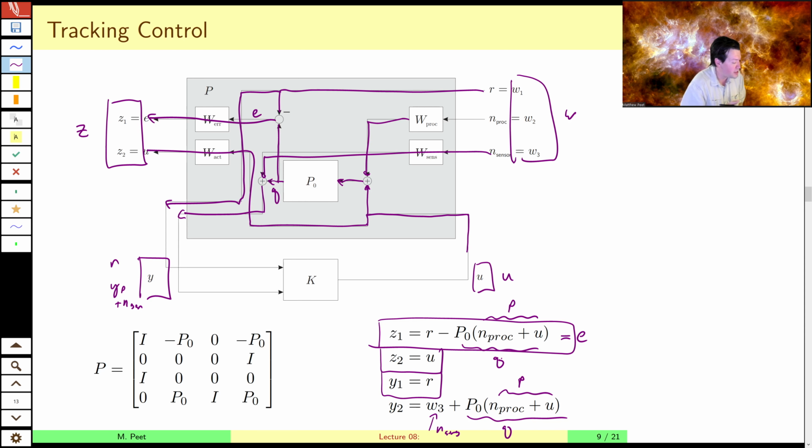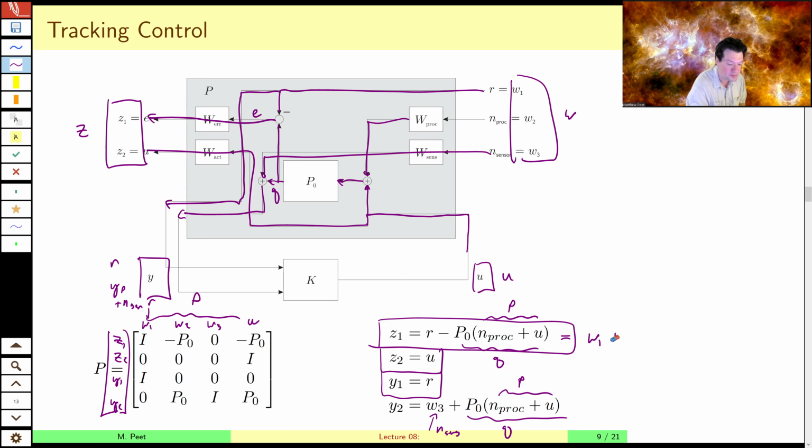So, right, we can now write down our equations for our aggregate overall plant in the feedback interconnection. The first of which, so signals Z1, Z2, Y1, Y2, and then acting on W1, W2, W3, and U. So we just take these equations. Z1 is, this is R, remember, maybe I should write it down.